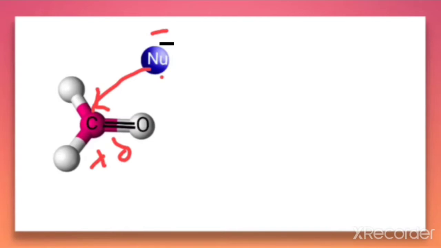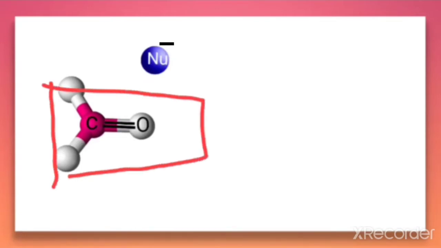So the negatively charged nucleophile attacks the partially positively charged carbon atom, and this attack is approximately perpendicular to the plane of the molecule. We know that an sp2 hybridized carbon has planar geometry, that is trigonal planar geometry.